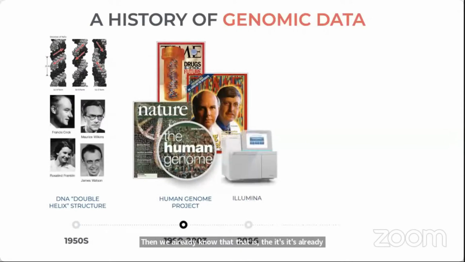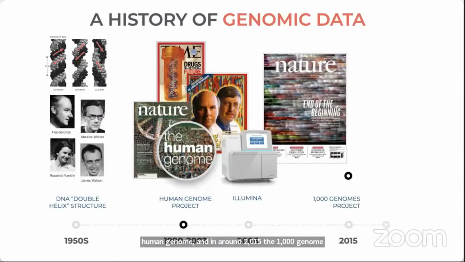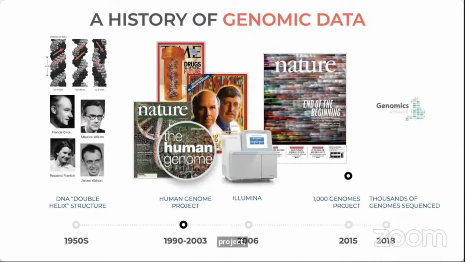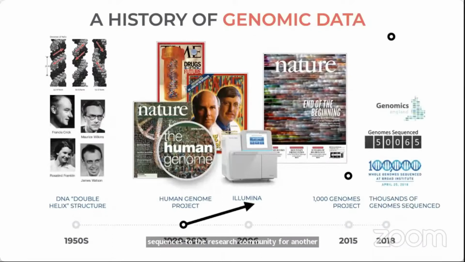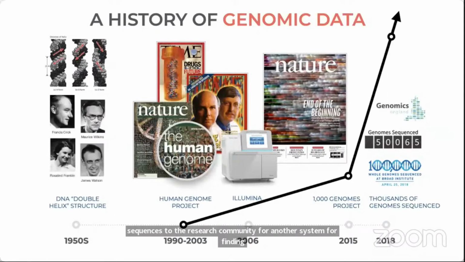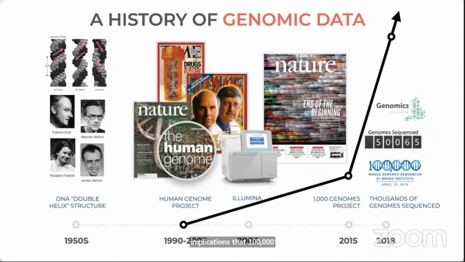And in around 2015, the 1000 Genomes Project brought a significant number of whole genome sequences to the research community for analysis and for finding implications. 100,000 whole genomes were sequenced by 2018, and today there is an ever increasing number of data sets that are available to help researchers understand cellular processes, understand molecular functions, in the context of disease biology, for example rare diseases, and also in the context of cancer biology.